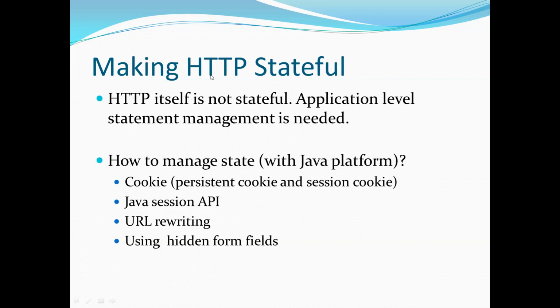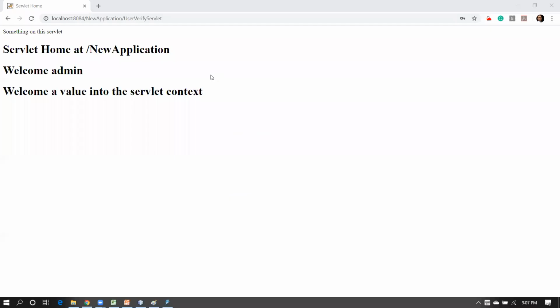Stateful means, just come here. This is your browser, meaning this is your client. When you send a request from this client to the server, the request will go in the form of HTTP.